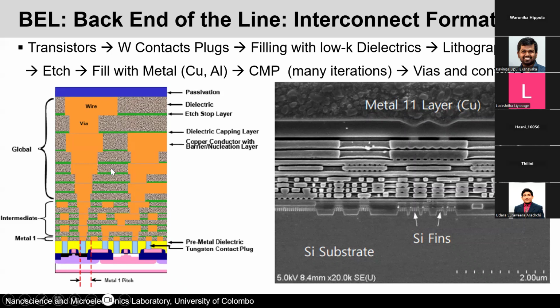If the permittivity is lower, then the capacitance between them also will be lower. And then we subject it to lithography, we etch, we do the CMP, fill with metal, and many iterations go on. If you have, let's say, about 12 layers, it means it has gone through multiple iterations. And finally, we make the vias and the contacts at the top of the chip.